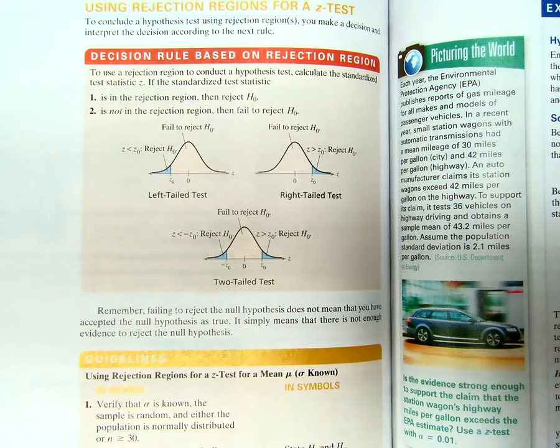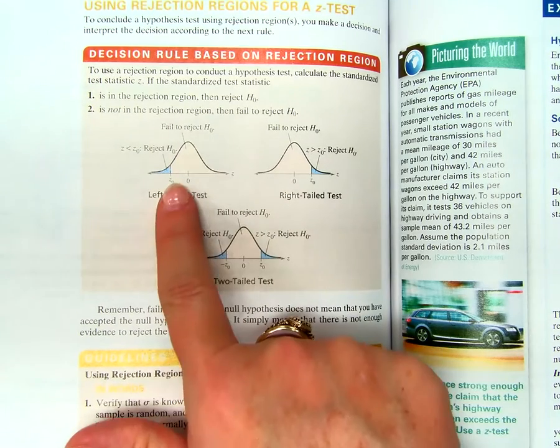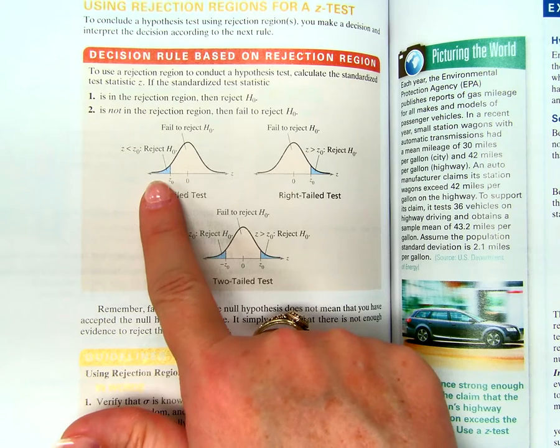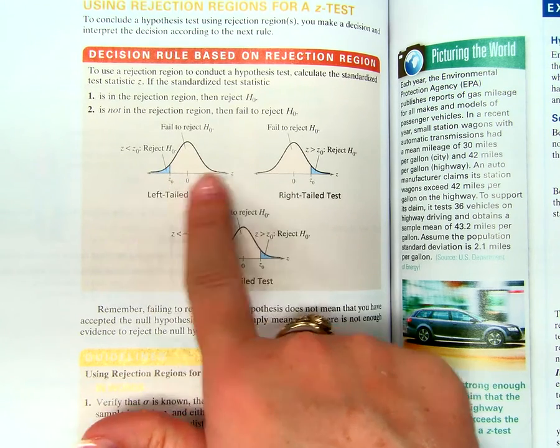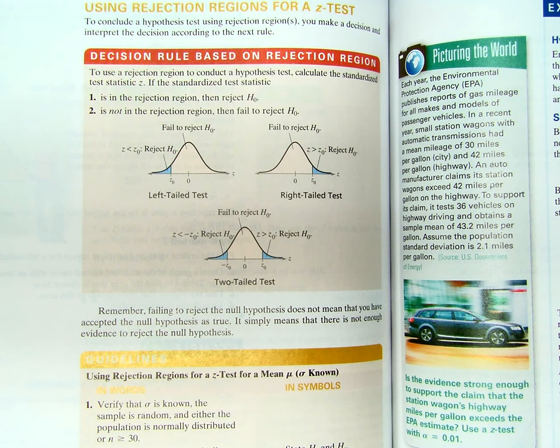On the top of page 370 that you have in front of you, it gives you 3 diagrams of that. If your z value is in that rejection region, then reject it. If your z value is not in that rejection region, then fail to reject it. Does that make sense? Remember, failing to reject the null hypothesis does not mean that you have accepted it. It just means that there's not enough evidence to reject it. We talked about that a minute ago, didn't we?